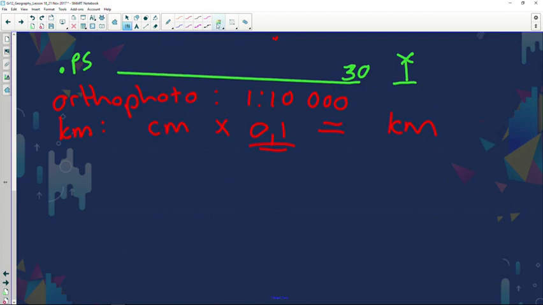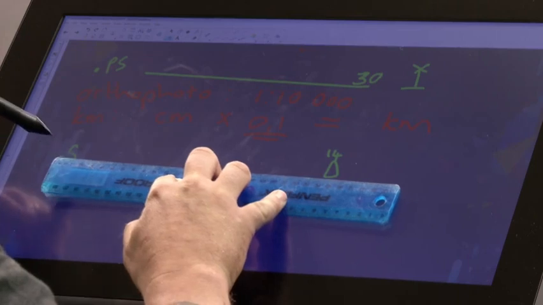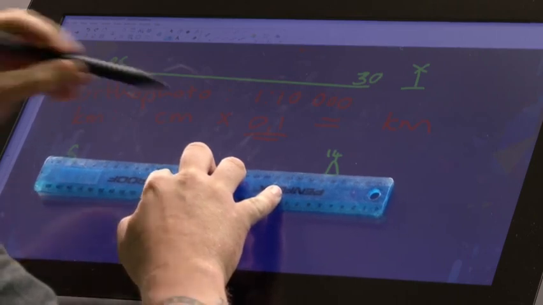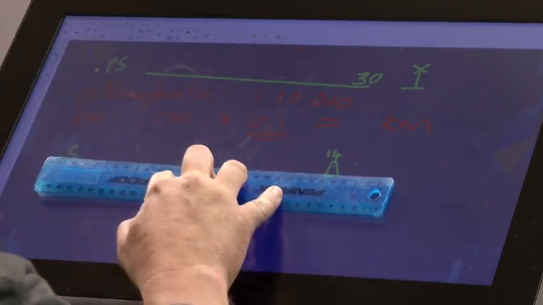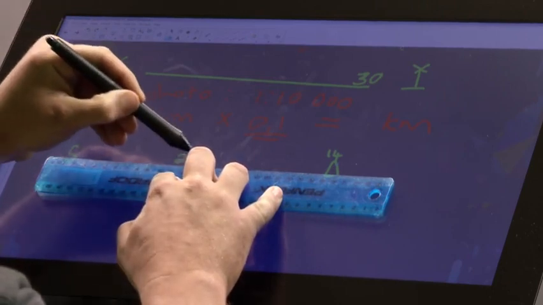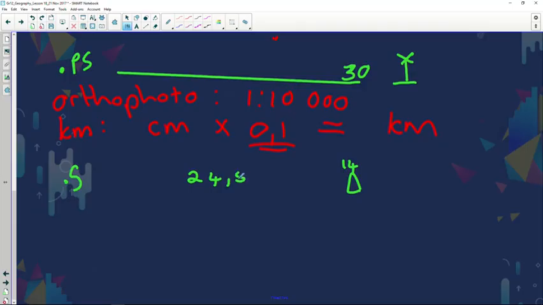So let's say for instance I ask you to calculate the distance between the school and Trig beacon number 14. Use your ruler. You measure the distance from the school to Trig beacon 14. As you can see, it's 24.5 centimeters.